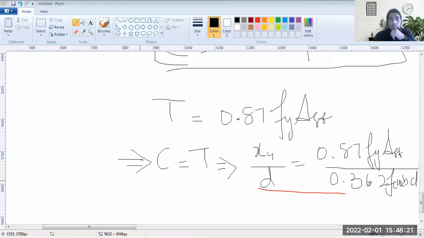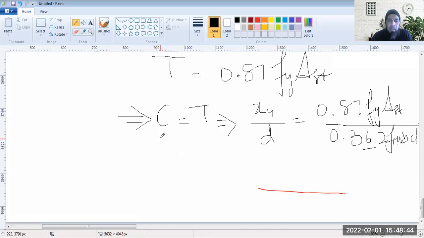The earlier one, where this was coming to be 0.447 FCK B D, not 0.362, was on the assumption that the section is rectangular, and that's also used in the working stress method to get a balanced section design. But you have to use the exact one, and in the limit state method you will be getting this 0.362 in place of 0.447 FCK.